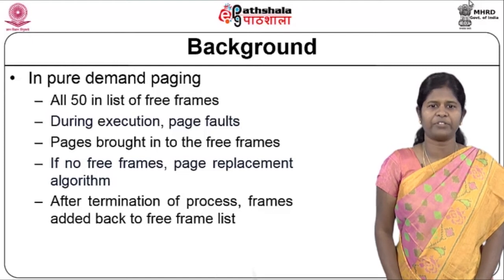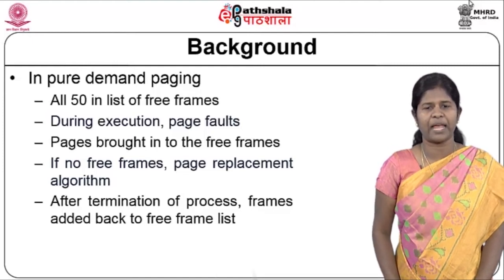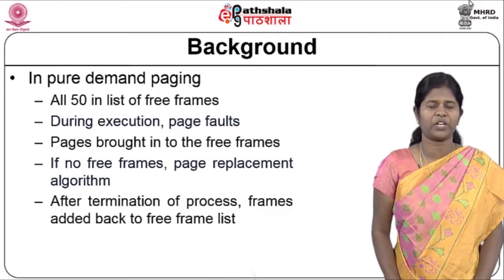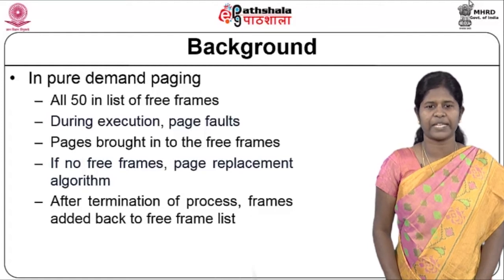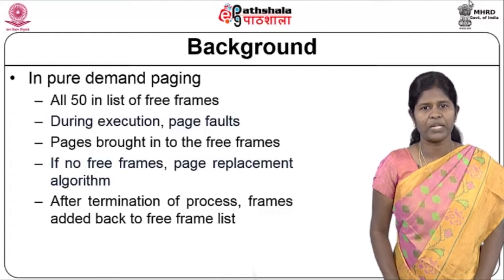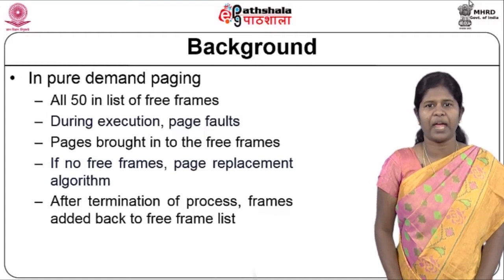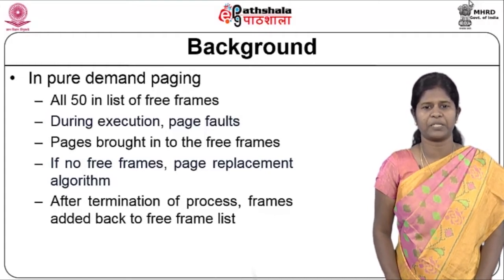If there is no free frame, the page replacement algorithm will be run to select a page to move out, and bring in the required page into the physical memory. And once this process terminates, the frames will be added back to the free frame list.